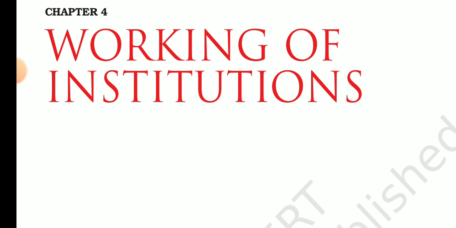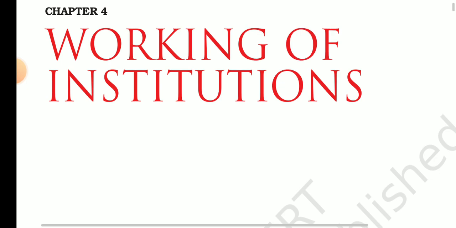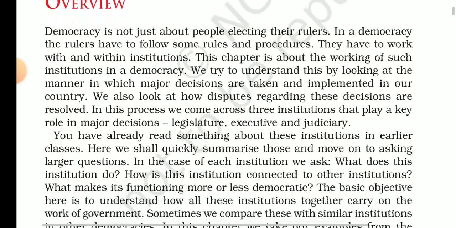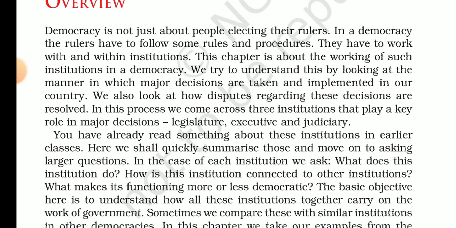We are going to discuss the fourth chapter of political science of class 9. The title of the chapter is Working of Institutions. In a democracy, the rulers have to work with and within institutions. In this process, they come across three institutions that play a key role in major decisions.